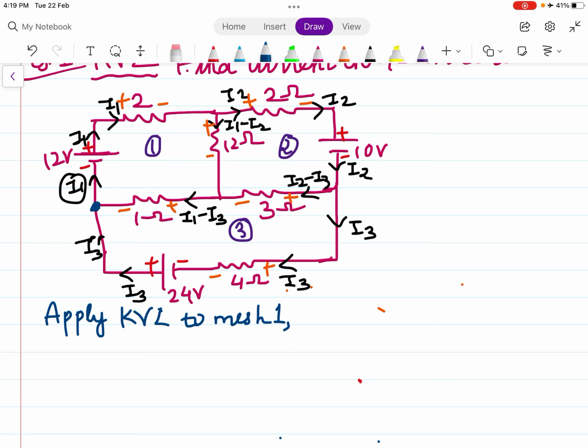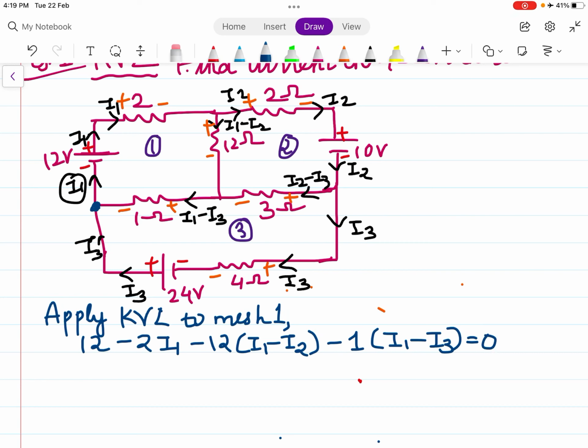Starting from this point, it will be plus 12, positive to negative minus 2 I1, positive to negative minus 12 times I1 minus I2, positive to negative minus 1 times I1 minus I3, equal to 0.